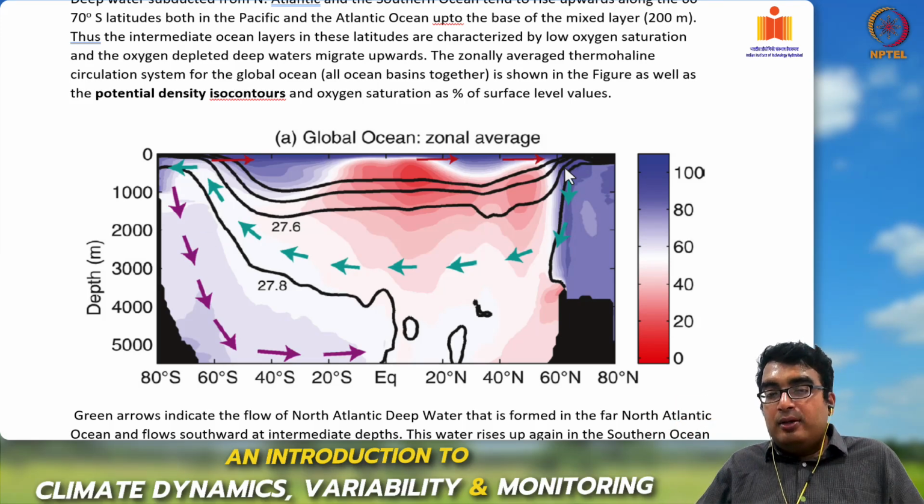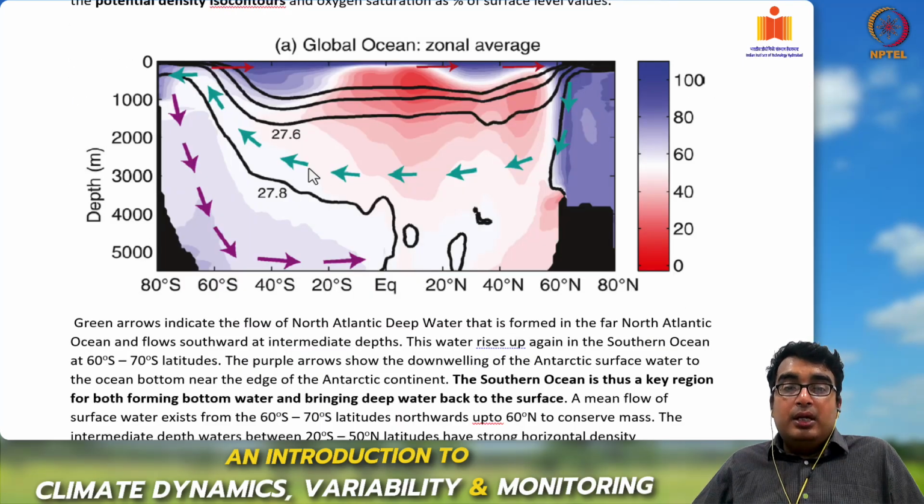Because water is moving down in the north latitude, there is a net movement of surface level waters from 60 degrees south towards 60 degrees north to maintain mass continuity, and the rest of the upwelling water goes down off the coast of Antarctica to the extremely deep layers and then mixes with the layer coming from the North Atlantic region. You can see the density contours also overlaid here.